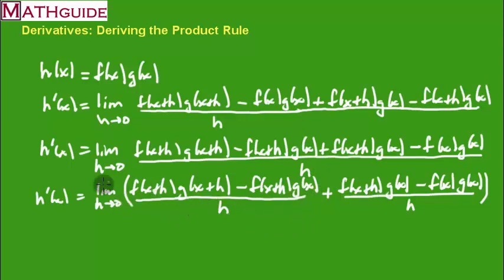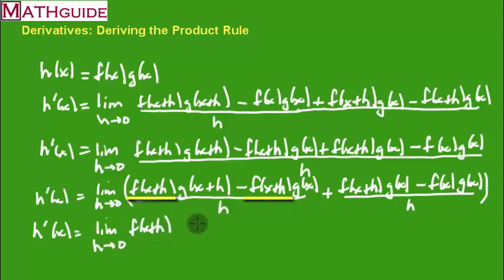If I take a look at this first part, I'm not going to take the limit yet. Notice that they both have this f of x plus h, so I'm going to pull it right out of there.